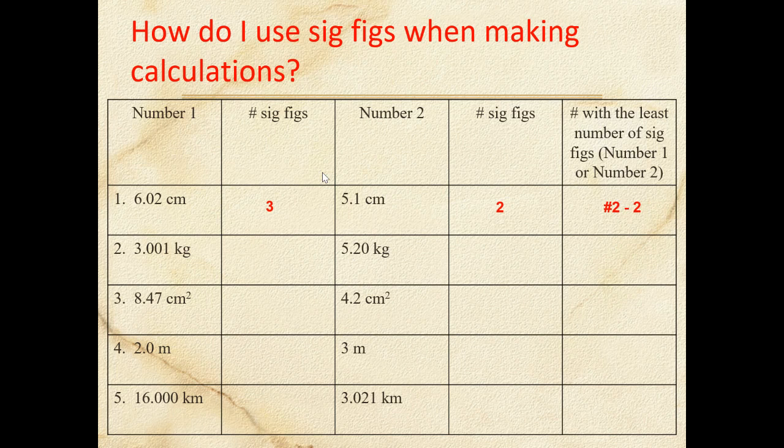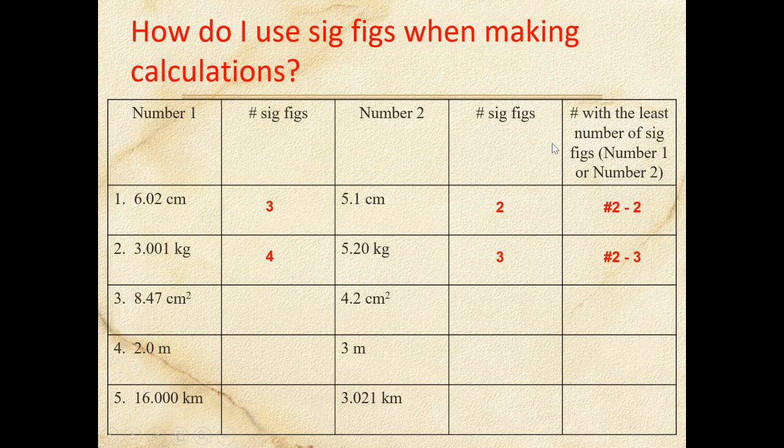So the number with the least number of sig figs is number two. Then for the next one, we have 4 sig figs, then we have 3 sig figs, and then 2.